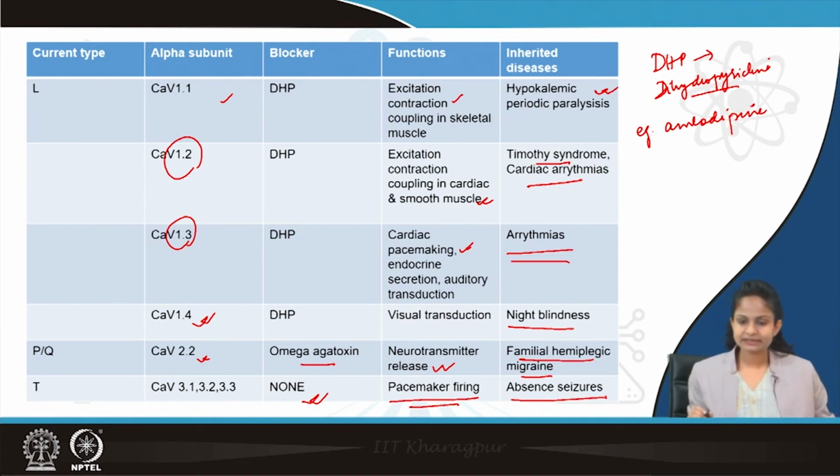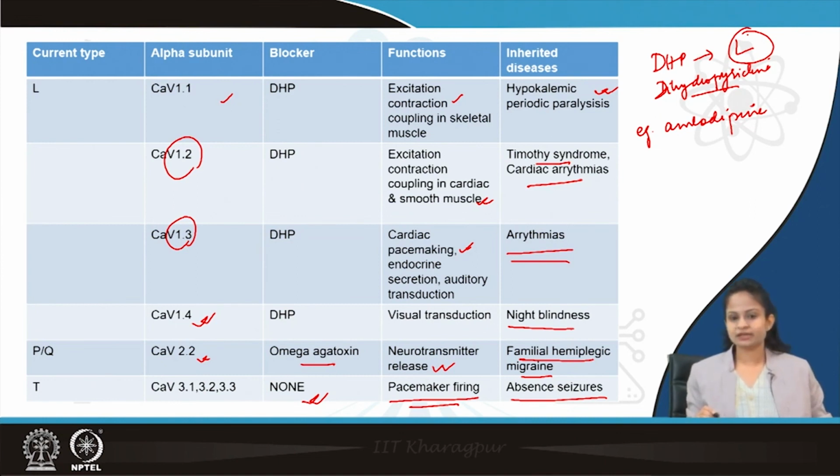So, these are the inherited diseases which occur due to the mutations of the alpha subunits of the voltage gated calcium channels. We have to remember mainly the blocker of the L type of calcium channel is dihydropyridine, and the drug is amlodipine.